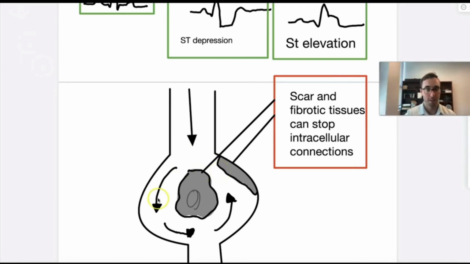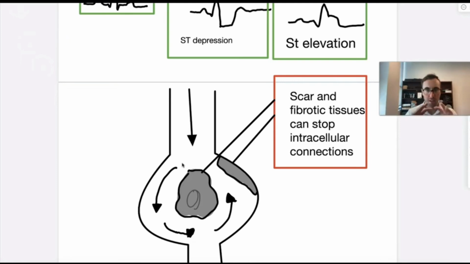However, if the impulse wraps around, it can go up this way, then it reaches past this tissue, which is currently not in its refractory period. In the absolute refractory period, no matter how strong the impulse or action potential is, it will not create a new impulse. In comparison, in the relative refractory period, only the strongest impulse can initiate a new action potential.